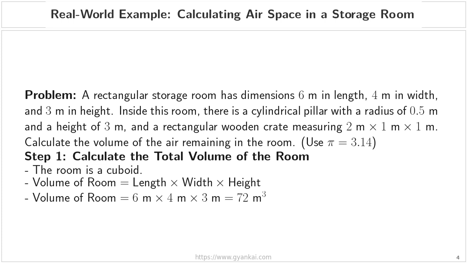By substituting our known dimensions, we calculate 6 meters times 4 meters times 3 meters, which results in a total volume of 72 cubic meters. Now that we have established the theoretical concept of the subtractive approach, let us apply it to a practical, real-world scenario. In the following slides, we will calculate the volumes of the pillar and the crate individually so that we can proceed to the final subtraction.